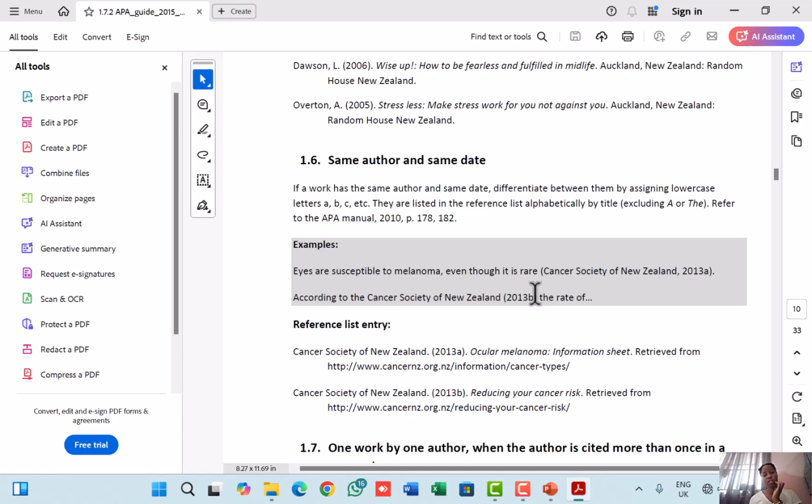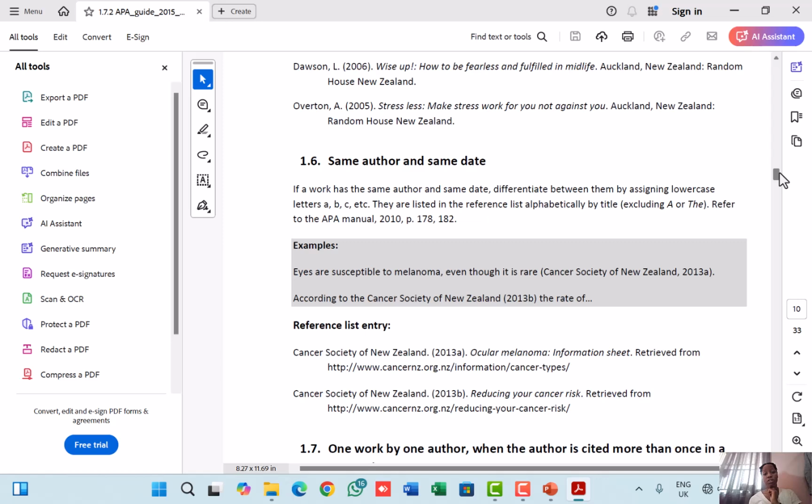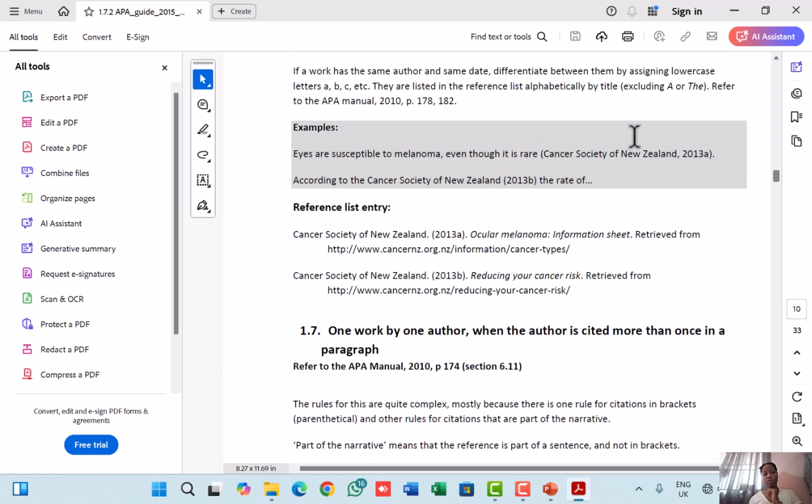So you see, the same author and the same date, you're going to separate them by using letters a and b, for the different things you're writing about. In the reference list, this is how you're going to include them, but don't include A or The at the beginning when it's the same author and same date of publication.